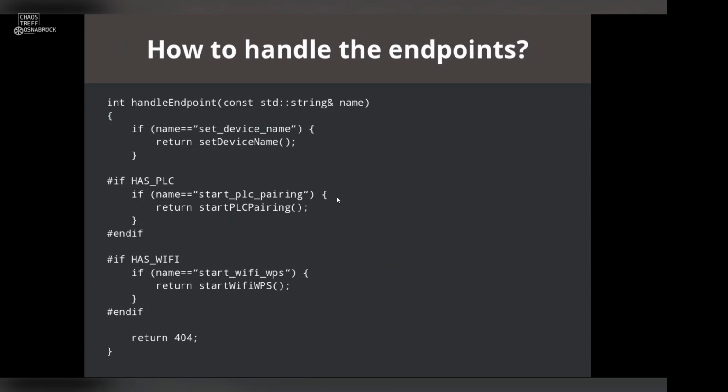Okay, so what we would end up with is something like that. You see, handle endpoint now has 3 sections, and the first contains the endpoints that exist on all devices. The second has a #if has PLC for the PLC endpoints. The third one for those which have Wi-Fi, and there may be more of these conditions, and that makes things even worse.